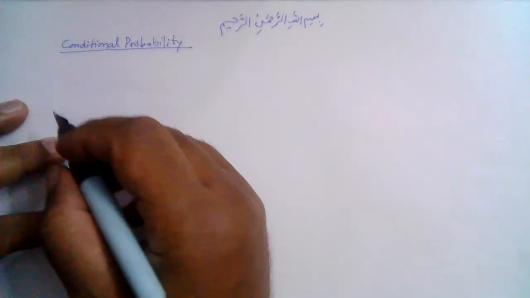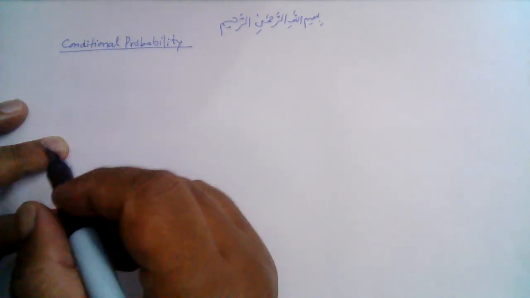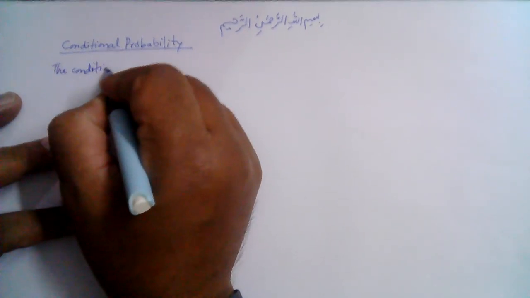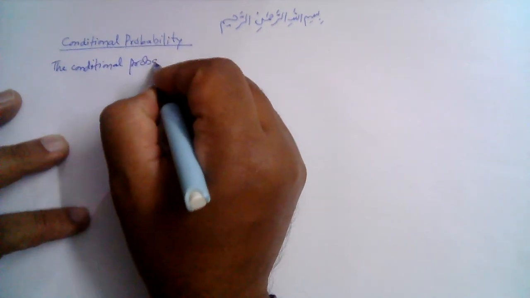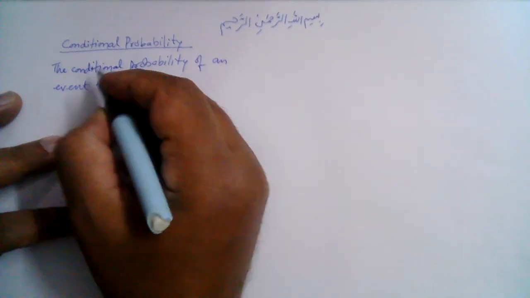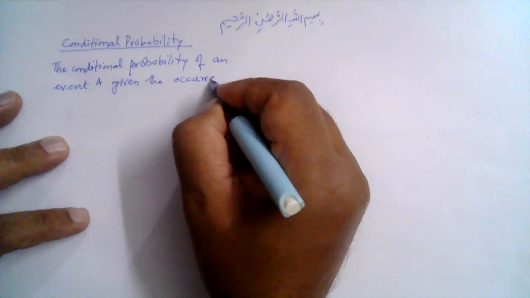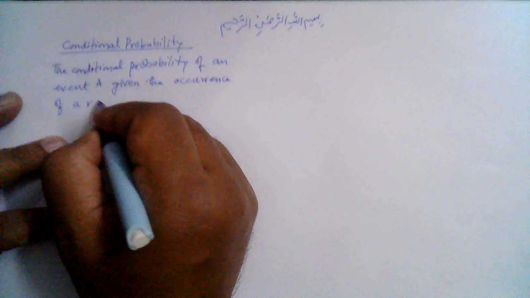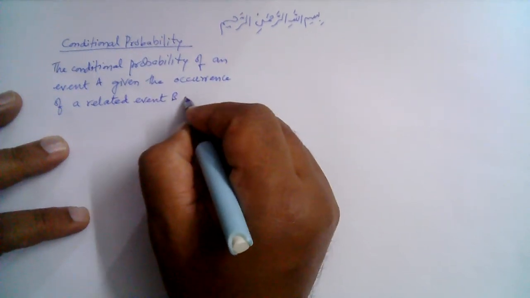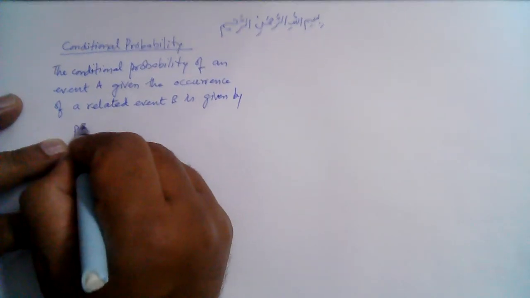The conditional probability of event A given the occurrence of a related event B is given by this formula, probability of A given B, right?